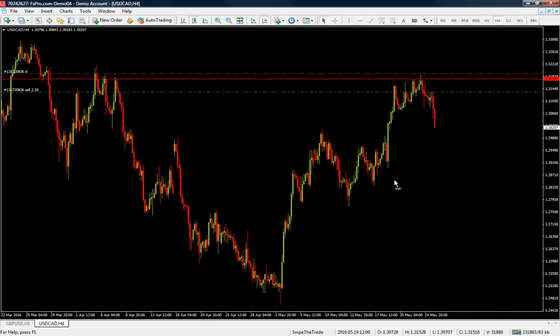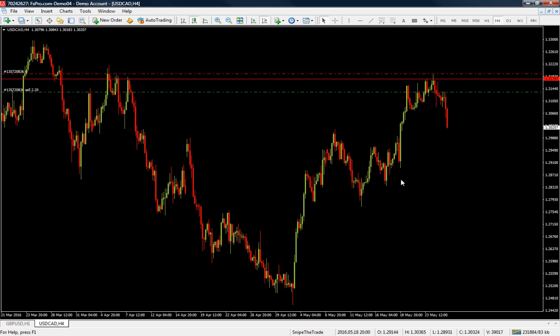Not only are we going to look to place our stops above the previous high, because if price keeps making new highs, well, the up move hasn't ended just yet, and we need to get out of our short position.